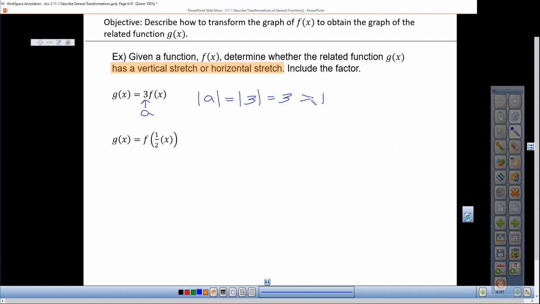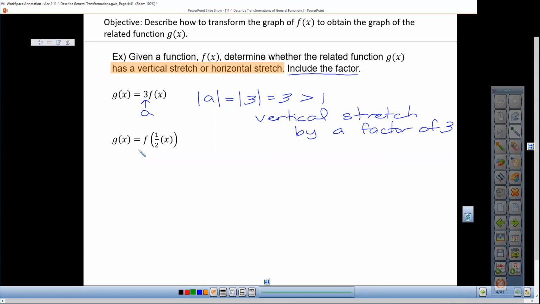The type of stretch we have to realize is a vertical stretch because we're working with A. So this is a vertical stretch by a factor of 3. Make sure that you include this information of the factor. That's what it means by include the factor in the instructions.